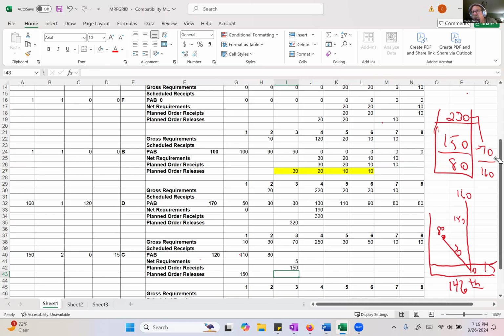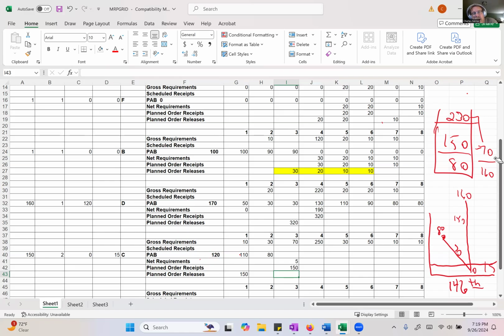If I'm trying to protect those 15, I have seen softwares, and I'm going to cover up the 120 on hand, I have seen computers that show 105 instead of 120. So they're taking out the 15 so you cannot see it and therefore never touch it. So I have seen that. We never teach that way, but I have seen it.